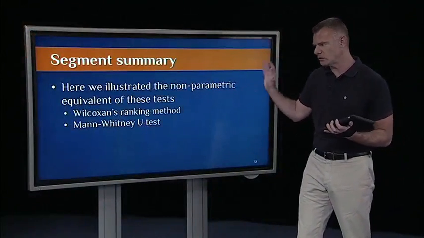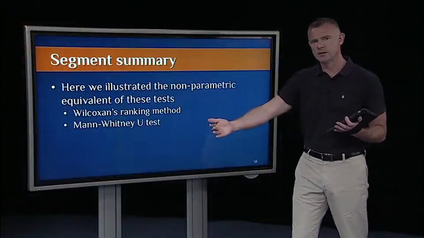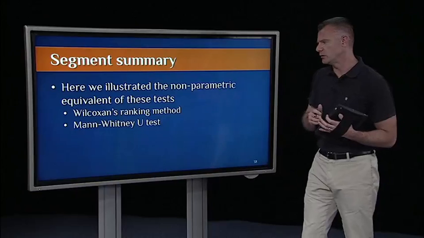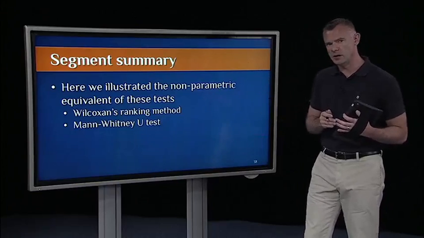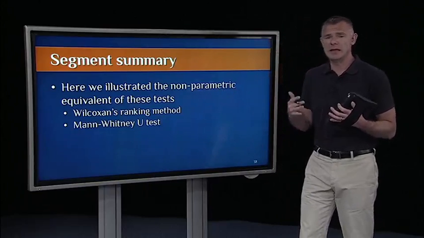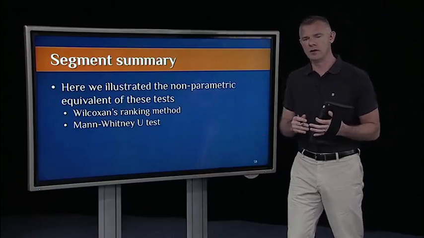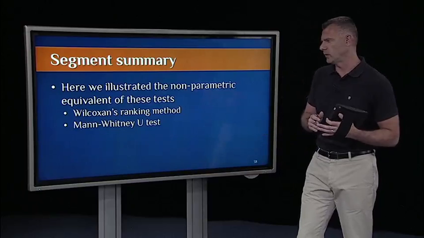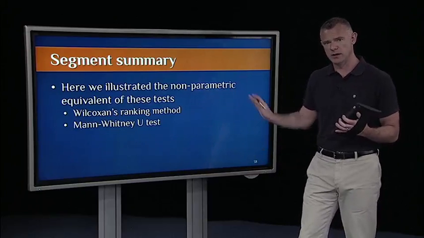Here in this segment, we just illustrated the analogous nonparametric procedures, which are known as Wilcoxon's ranking method and the Mann-Whitney U test. And those are the nonparametric procedures that you can use if you violate assumptions and you can't overcome those violations of assumptions, then do the nonparametric procedures outlined here.